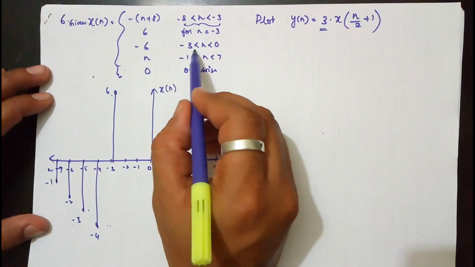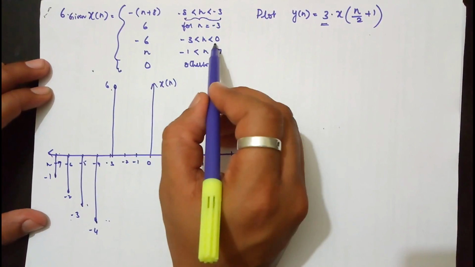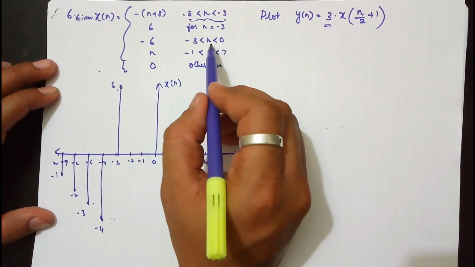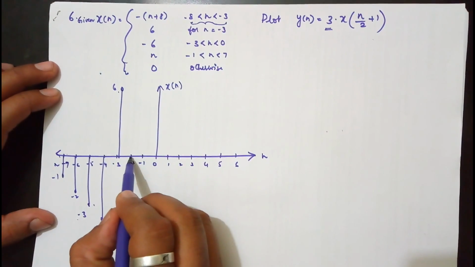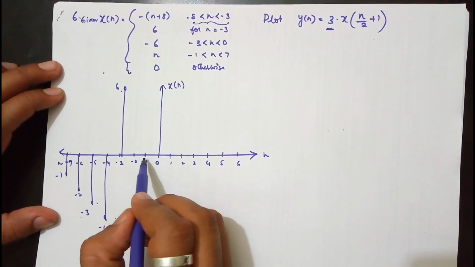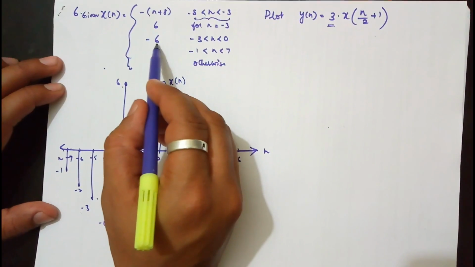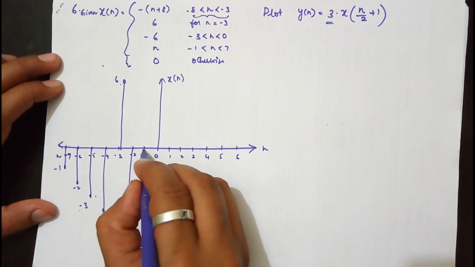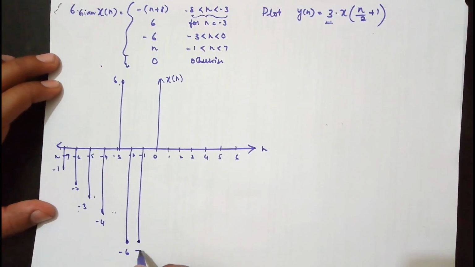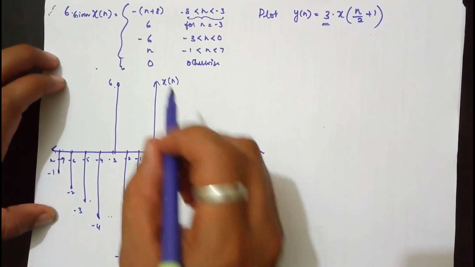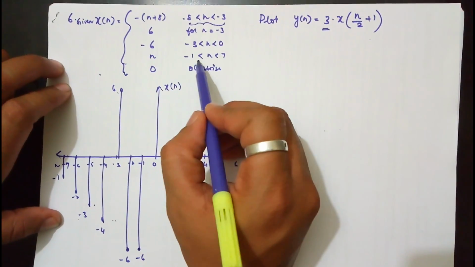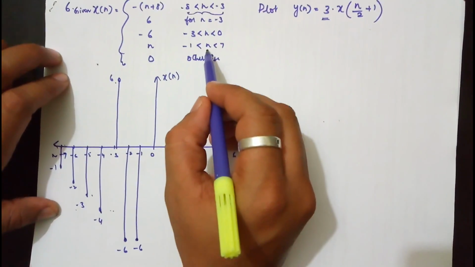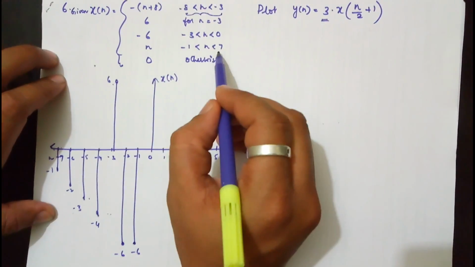Now for values of n greater than -3 and less than 0, greater than -3 means -2, and less than 0 means -1. So for n of -2 and -1, the value of x of n is -6. I can directly plot -6 here and -6 again here. The next value of x of n is given for n between -1 and 7.